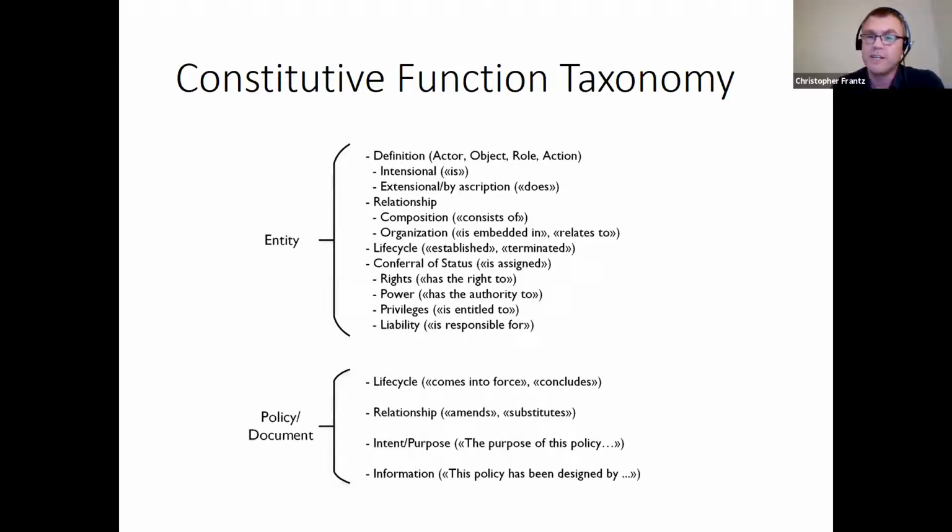So, for example, to signal the date at which a policy document comes into force, or signals the purpose and so on, or be specific to entities. And then offer, for example, the notion of definition, defining individual entities and their relationships therein. So I'll provide you with some examples to motivate this a bit.